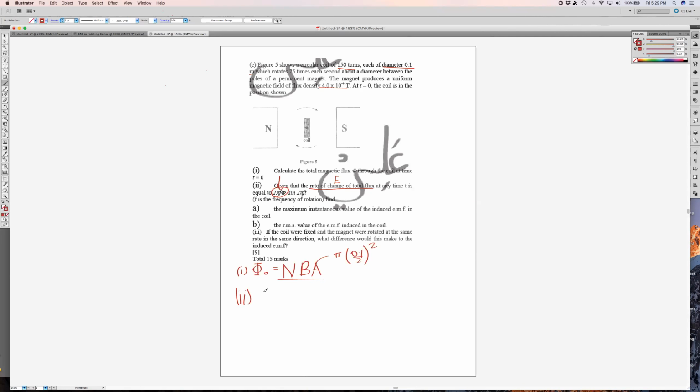So what we really have to write is 2 pi f multiplied by NBA, because that's what phi is, the number that you already got for this calculation. That's part 2, the maximum instantaneous value.